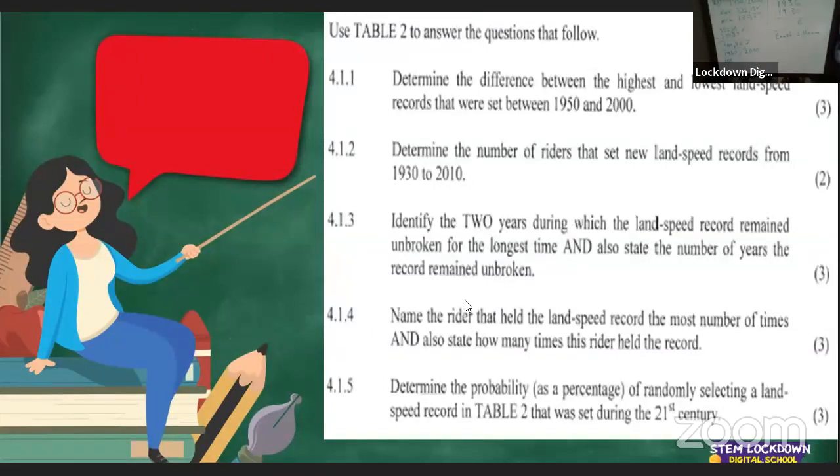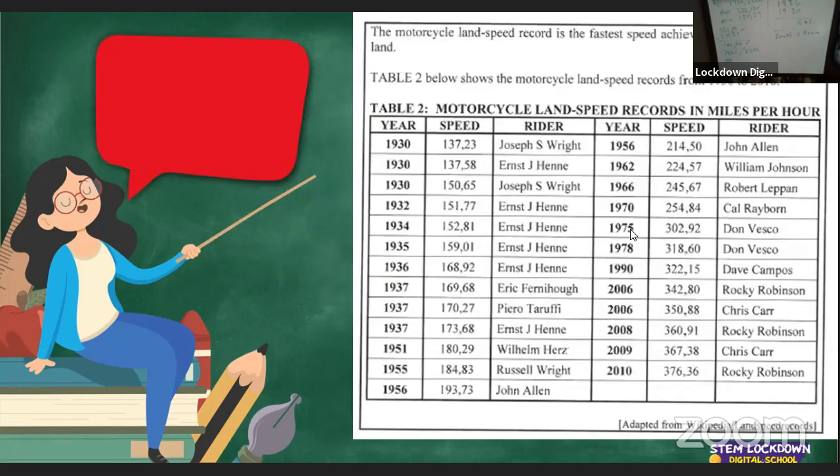Okay, let's look at the question again. Name the rider that held the lane speed record the most number of times, and also state how many times the rider held the record. Okay, so we are saying we have 6 plus 1. So he held the record for an extra year. That is in 1937.